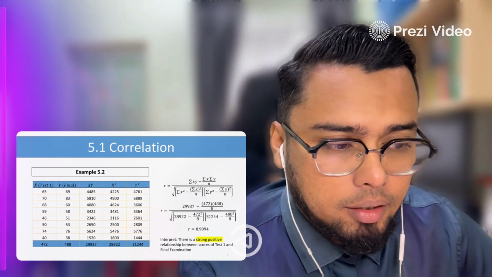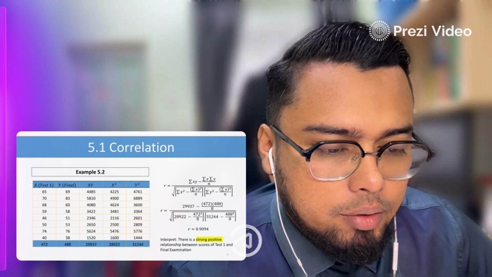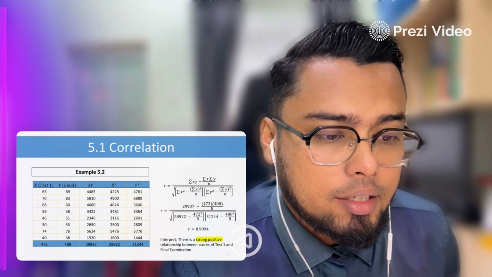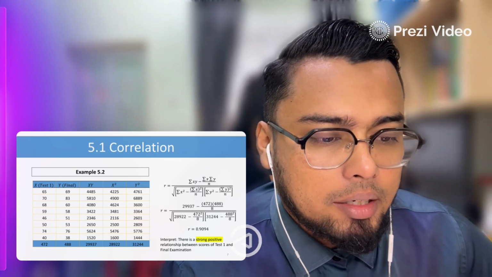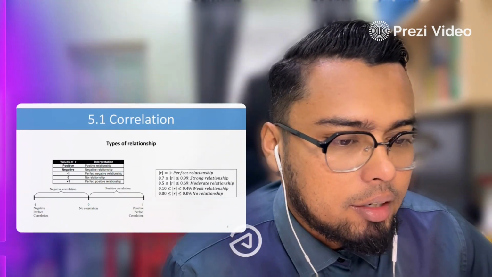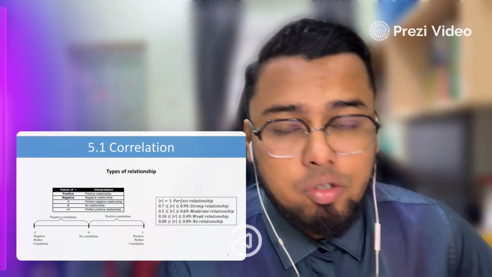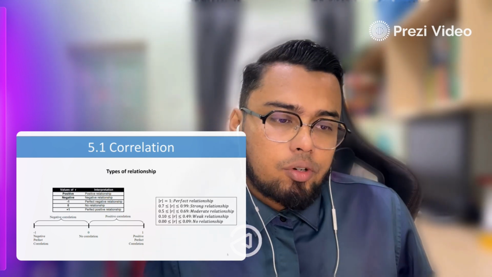From here, student can observe that our final answer for R is 0.9094. So how do we interpret this 0.9? Okay, remember our slide here saying that anything between 0.7 and 0.99 is considered as strong relationship.